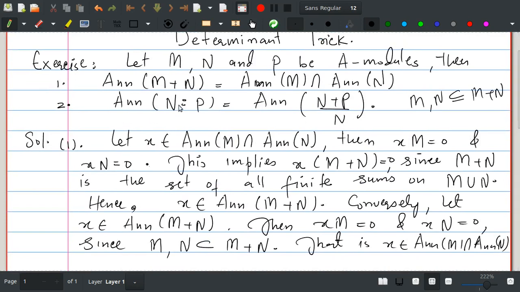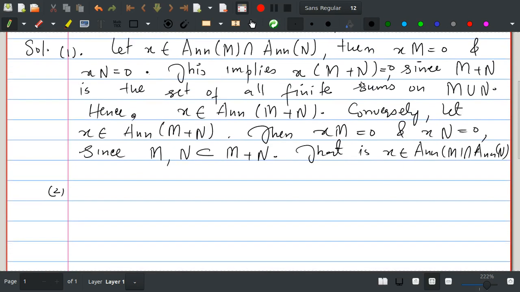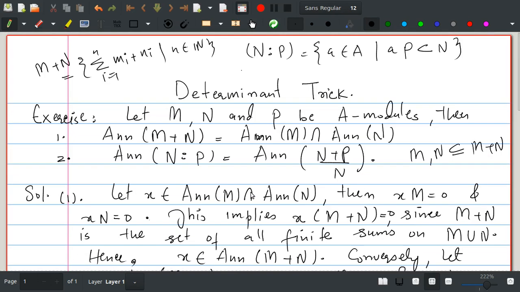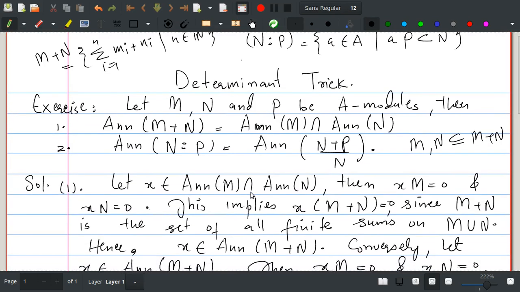Now let us prove the second one. We are going to prove the annihilator of this colon is actually the annihilator of this quotient here. So let x be an element of N colon P. I mean, this is not the annihilator here, this is actually just the colon.